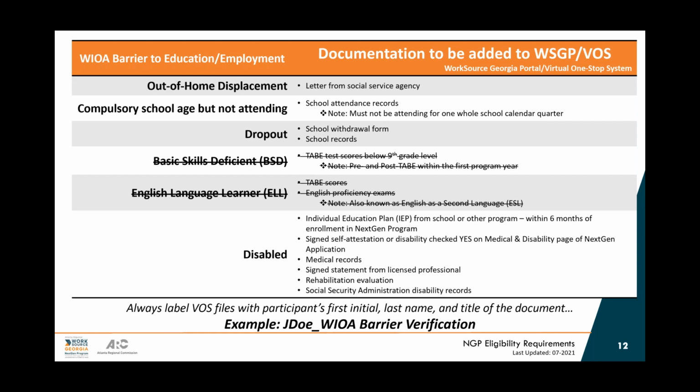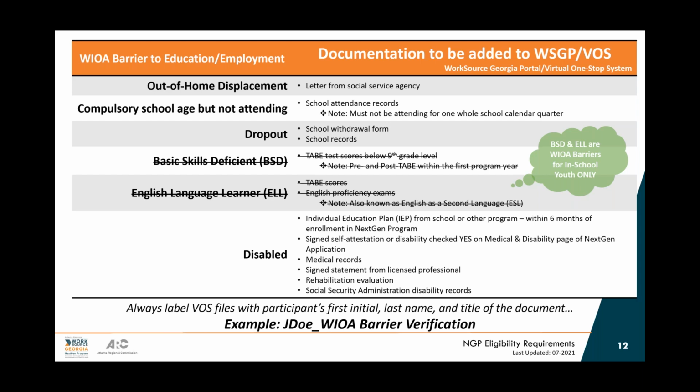So this slide just goes over the additional barriers, but something to keep note of is that the basic skills deficient and English language learner portion are crossed out. And that is because these are only barriers for in-school youth. Well, they are barriers for our customers, but as far as eligible barriers to get into the program, they're only eligible barriers for in-school youth.